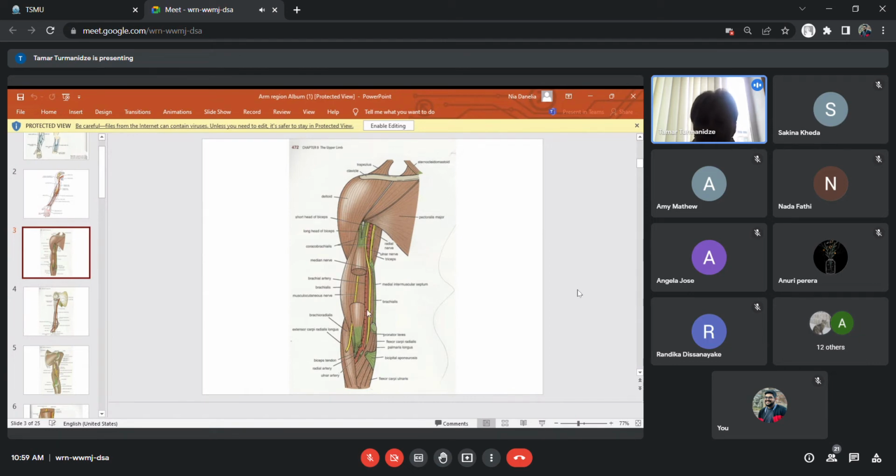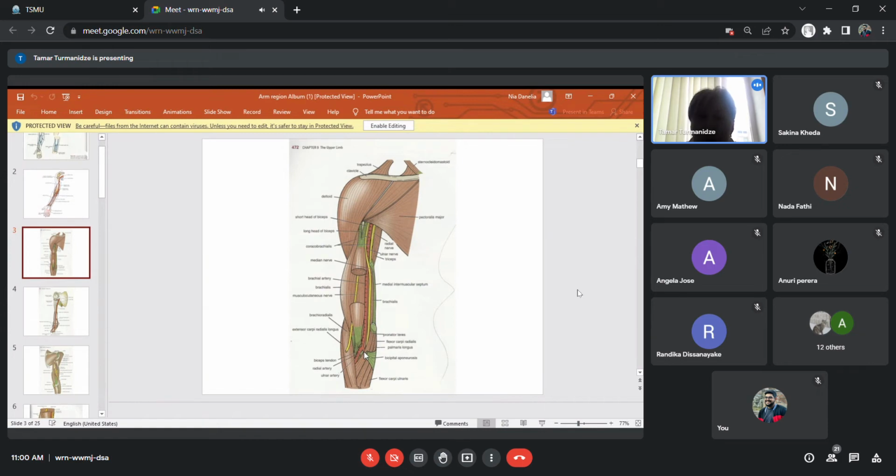So all the way of the arm region, brachial artery is located in the anterior compartment, medial side, accompanied by two brachial veins.